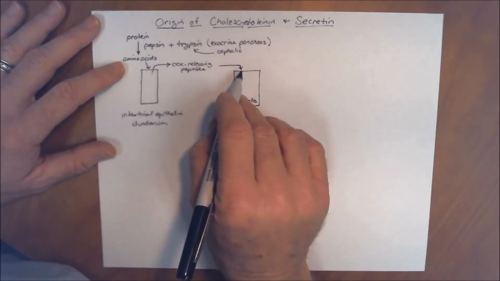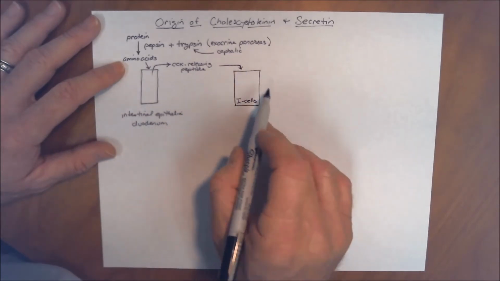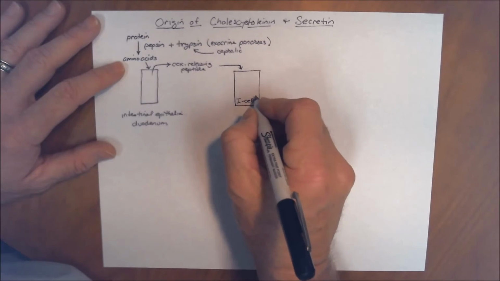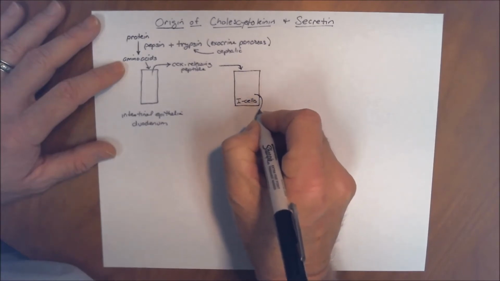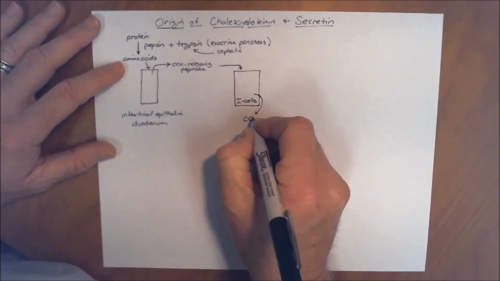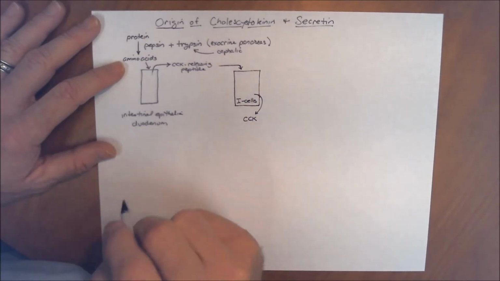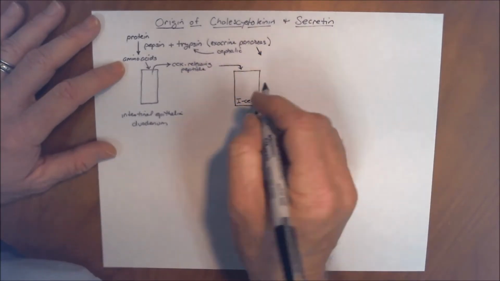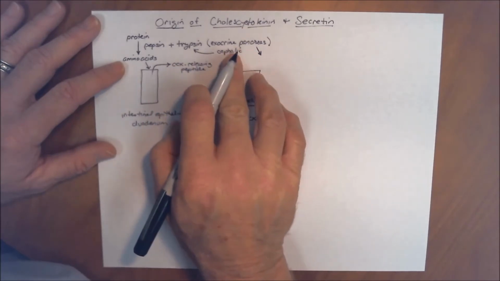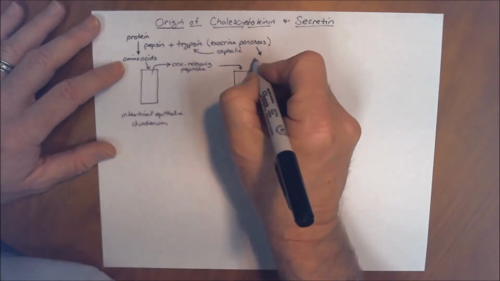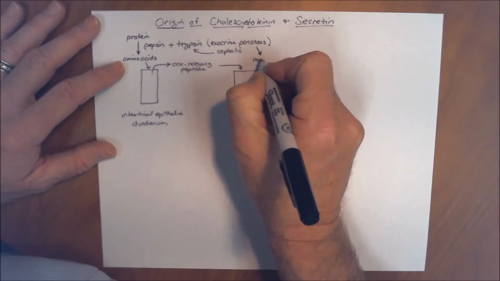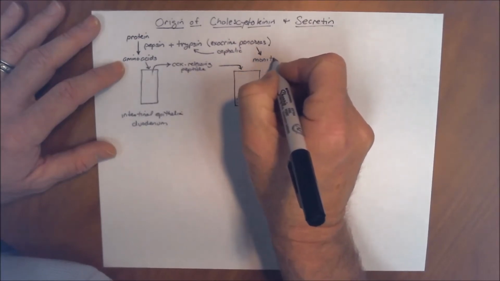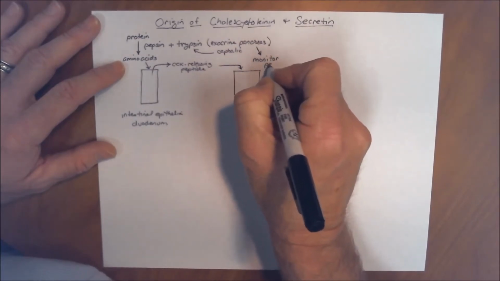Now this is not sufficient enough to induce the secretion of the hormone cholecystokinin. We need another factor. And this other factor is coming out of the exocrine pancreas due to the cephalic phase stimulation, and this is called monitor peptide.